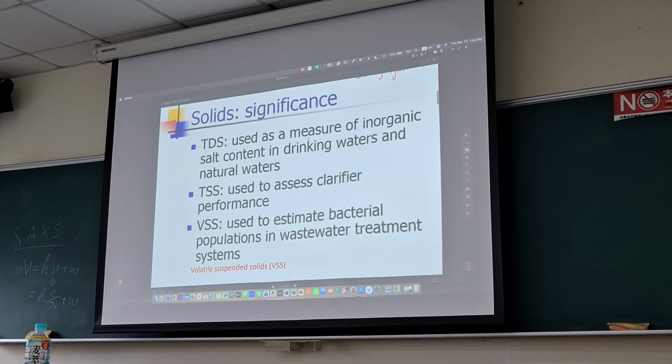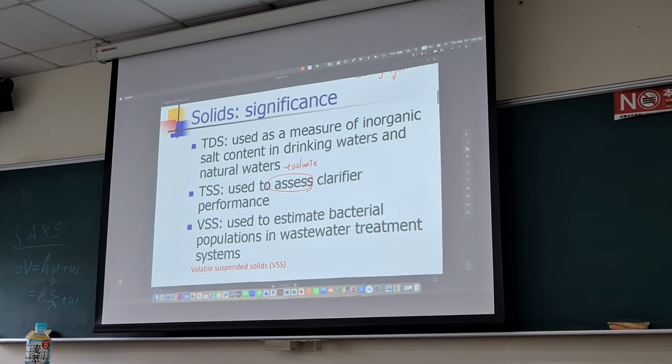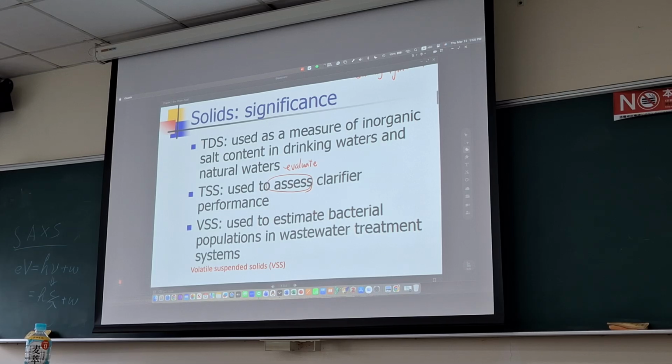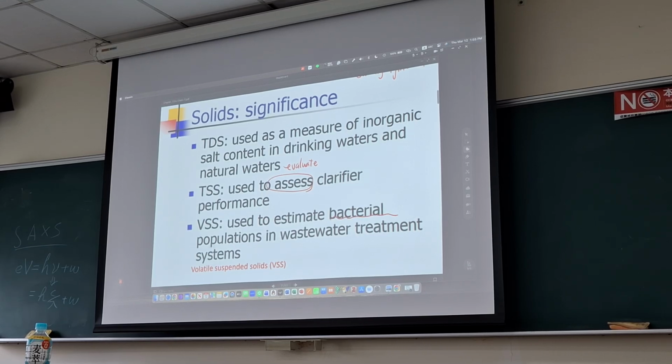And TSS can be used to assess, assess means evaluate, the clarifier performance. I will mention clarifiers later. And VSS can be used to estimate bacterial populations in wastewater treatment systems.